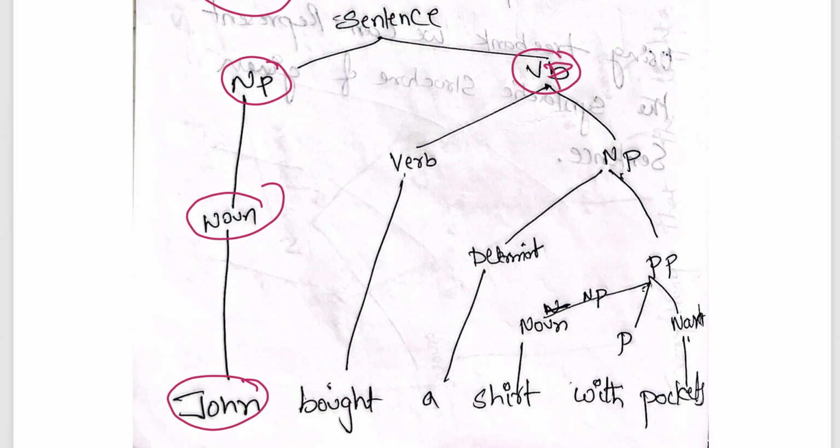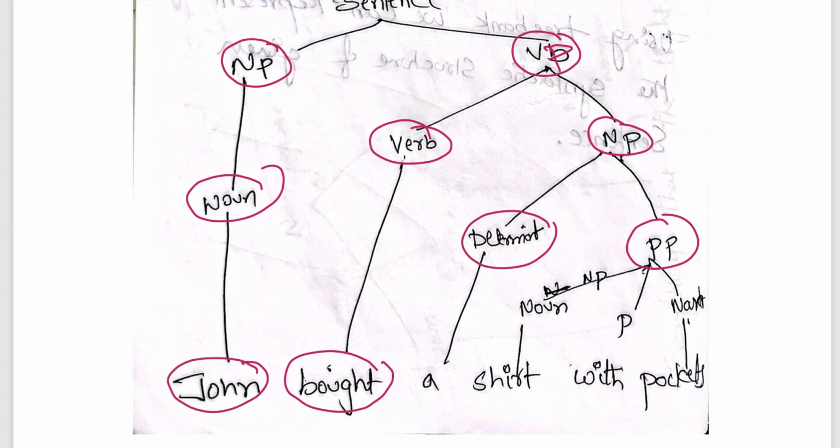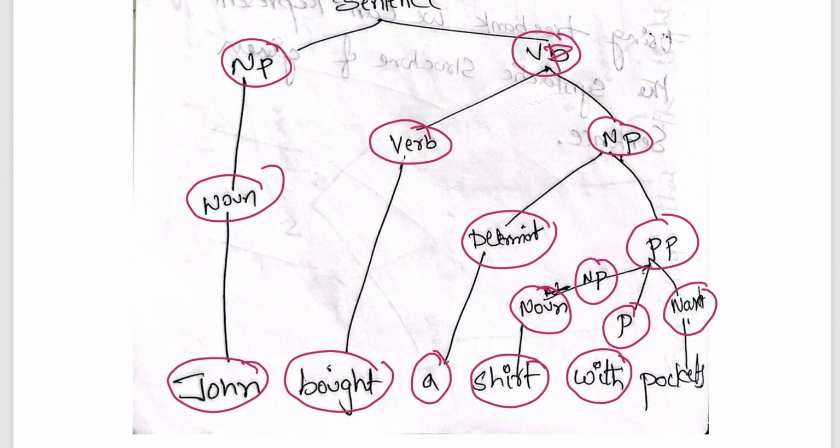Now coming to the verb phrase. In the verb phrase we need to take a verb and a noun phrase. The verb is bought. In the noun phrase, again based on our input sentence, we take a determinant, which is a, and then a noun phrase and preposition phrase. The noun is shirt, the preposition phrase has the preposition with, and finally the noun is pockets.